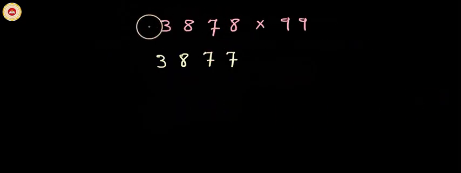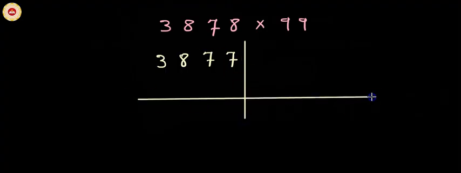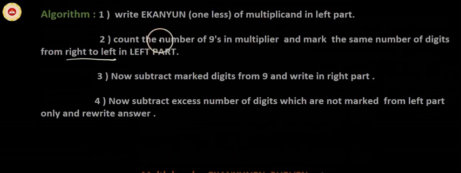We calculated Ekanyunen of the multiplicand and wrote the answer in the left part. So let us draw a vertical line to separate. Yes. Now friends, what is the second step? Count the number of 9s in the multiplier and mark the same number of digits from right to left in the left part.